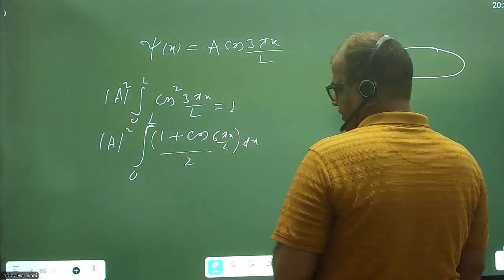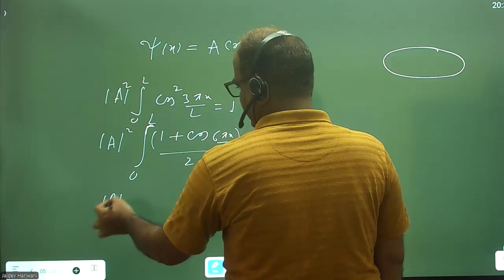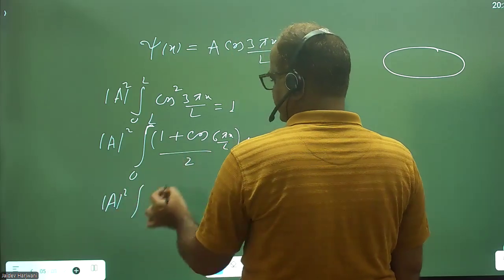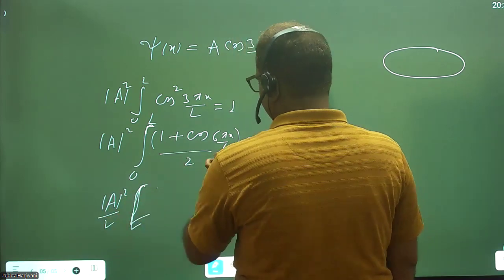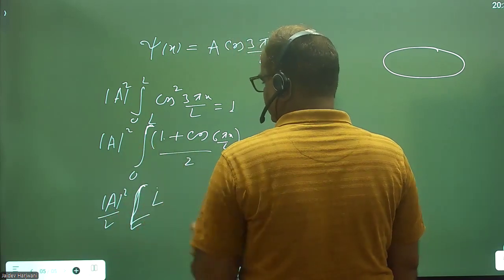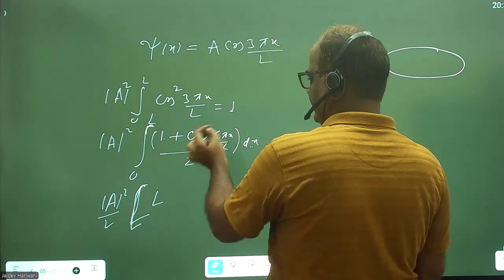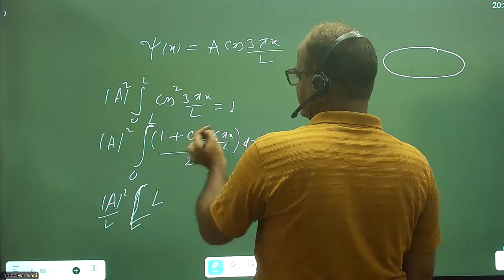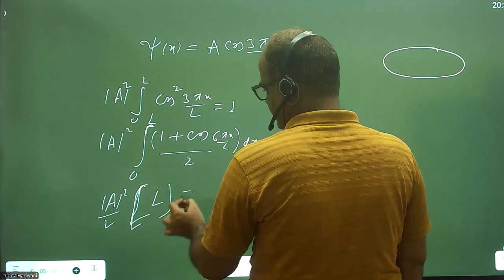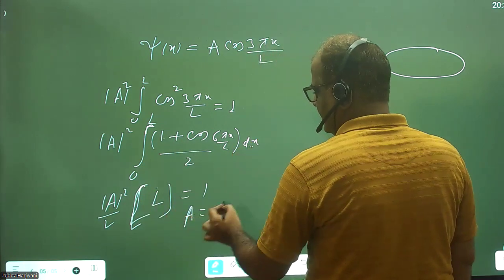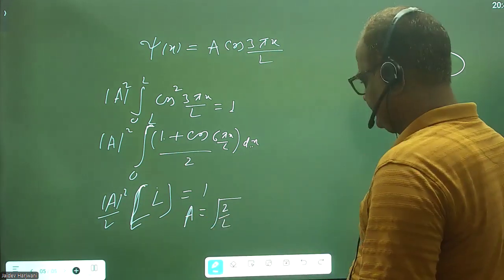Then mod a square integral dx will give you L. If I solve this, this will give L minus 0, and the average of this cosine function from 0 to L will be 0. So my a will be root 2 by L.